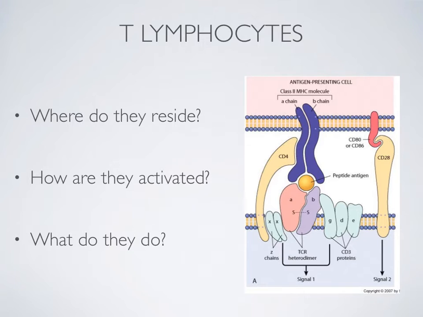That B cell receptor is a combination of different gene segments, making it relatively unique. So that B cell receptor can recognize one of millions of different antigens.